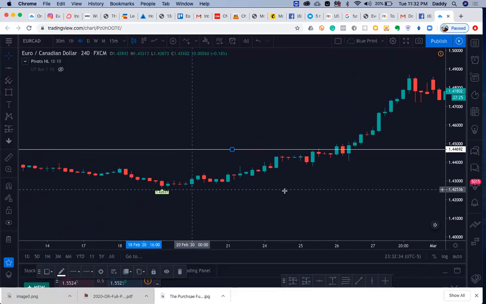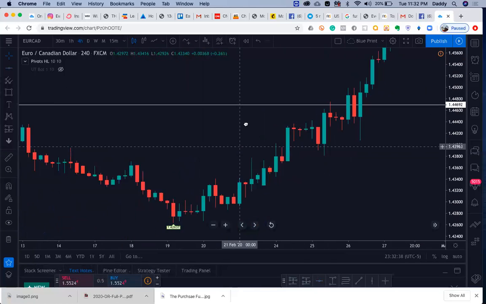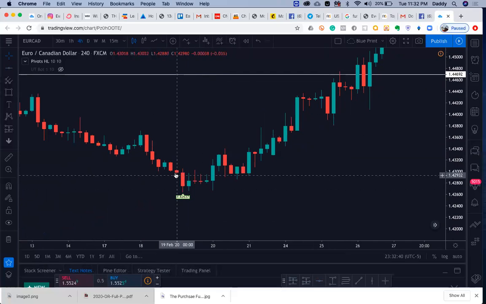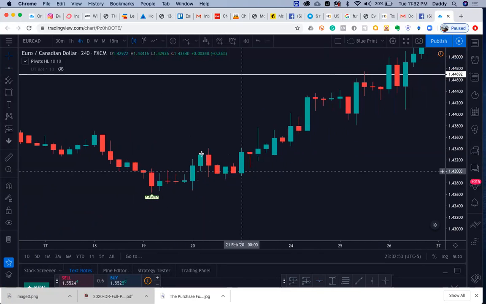For all intents and purposes, this right here is your hammer, because it's shaped in the form of a hammer. This one could also be considered kind of a hammer, but it's really this one here.